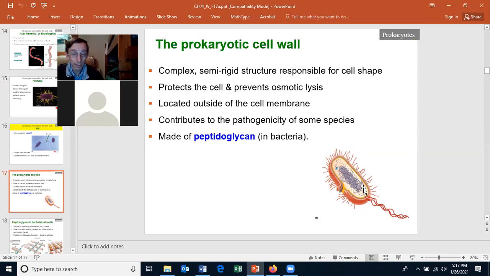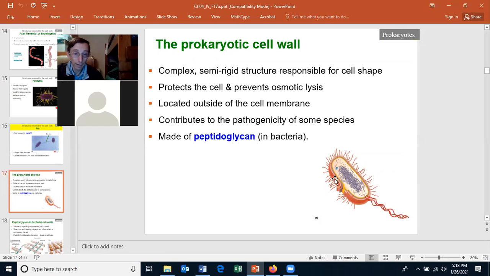The cell wall can contribute to the pathogenicity of some species, where on the cell wall there are molecules which contribute to the pathogenicity of that bacteria, and we'll talk a little bit about that in a future lesson.